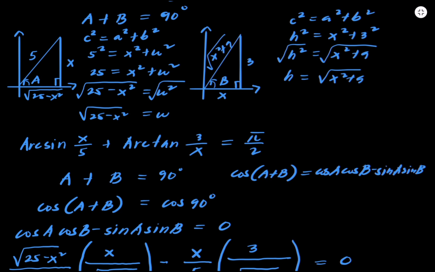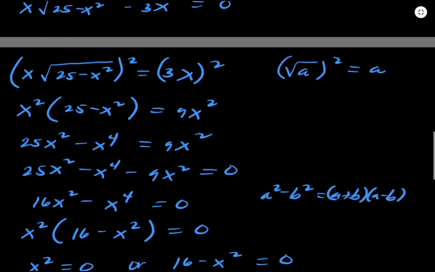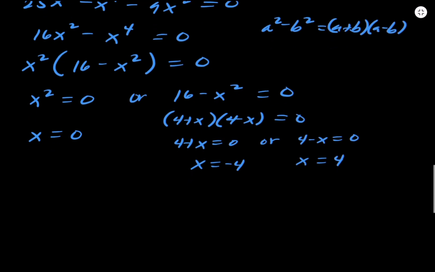So because x must be equal to 4, because this is a 3, 4, 5 triangle, right? 3, 4, 5. So x must be equal to positive 4. So negative 4 is extraneous. So negative 4 does not satisfy the original or the given inverse trigonometric equation.